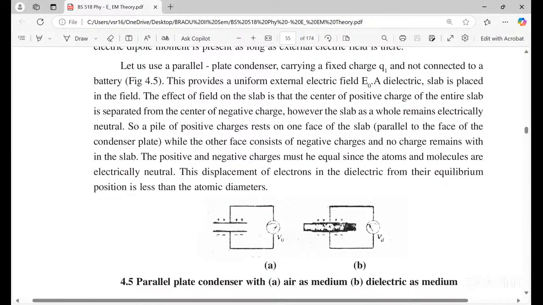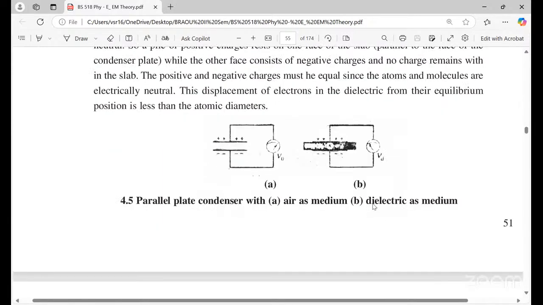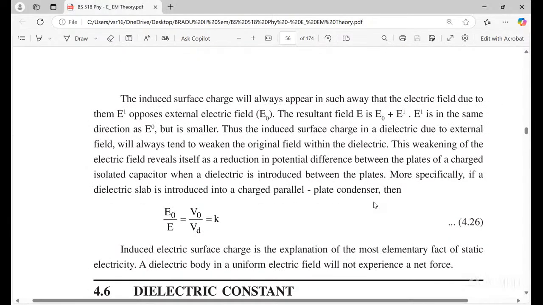The displacement of the electrons in the dielectric from their equilibrium position is less than the atomic diameter. You need to remember this. Okay, so here, like that, the resultant electric field.